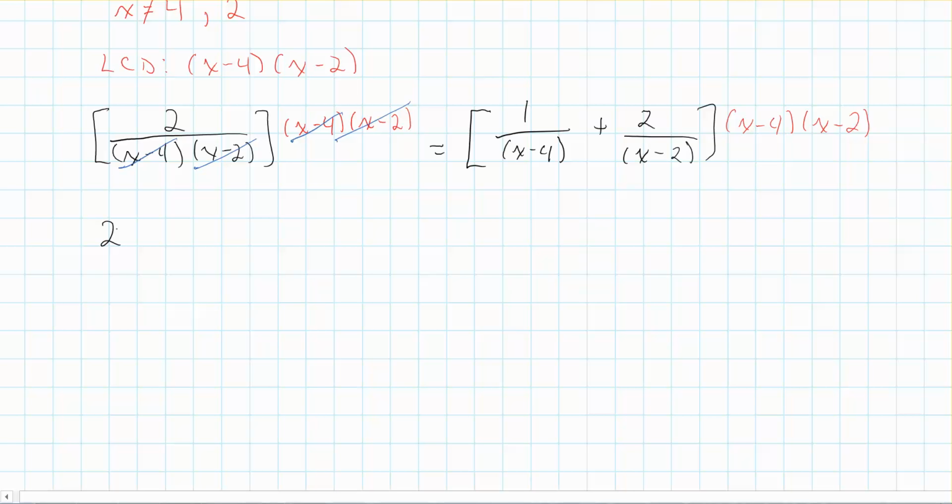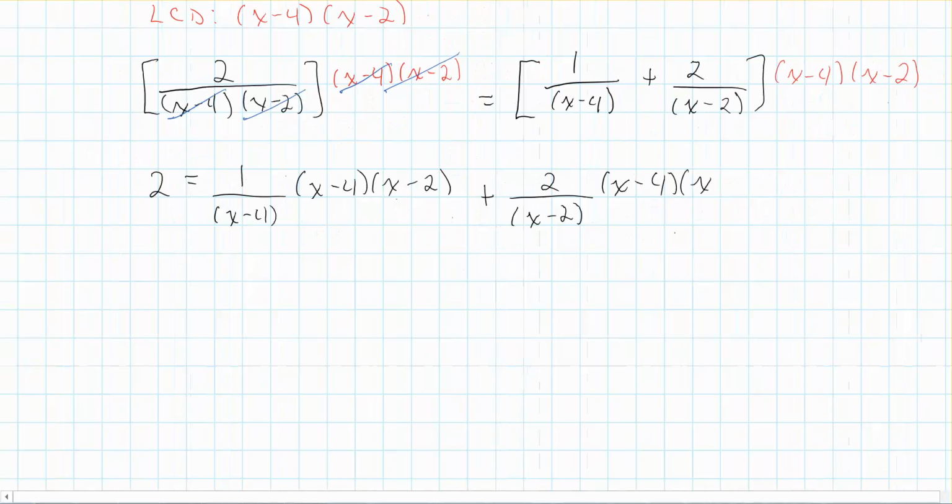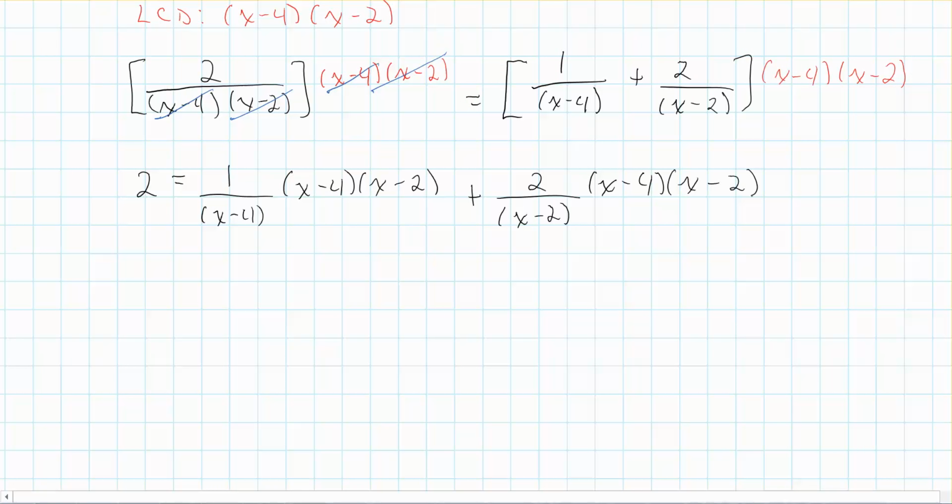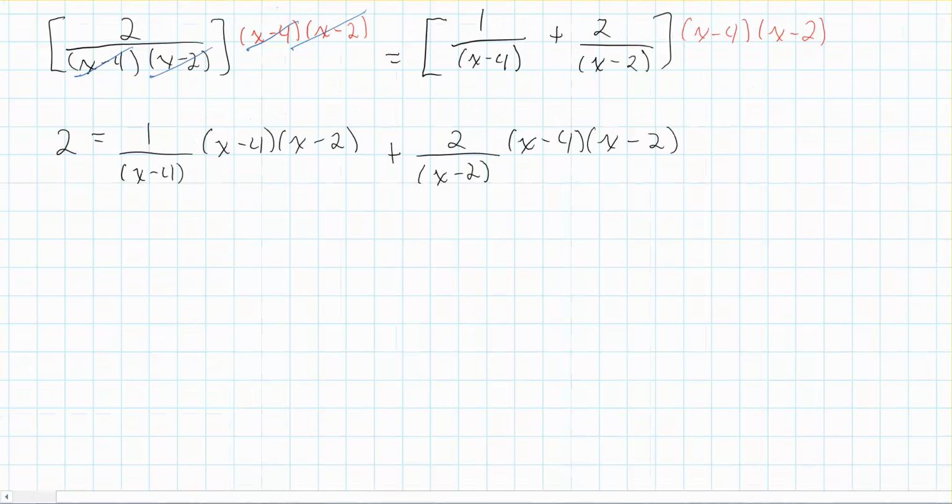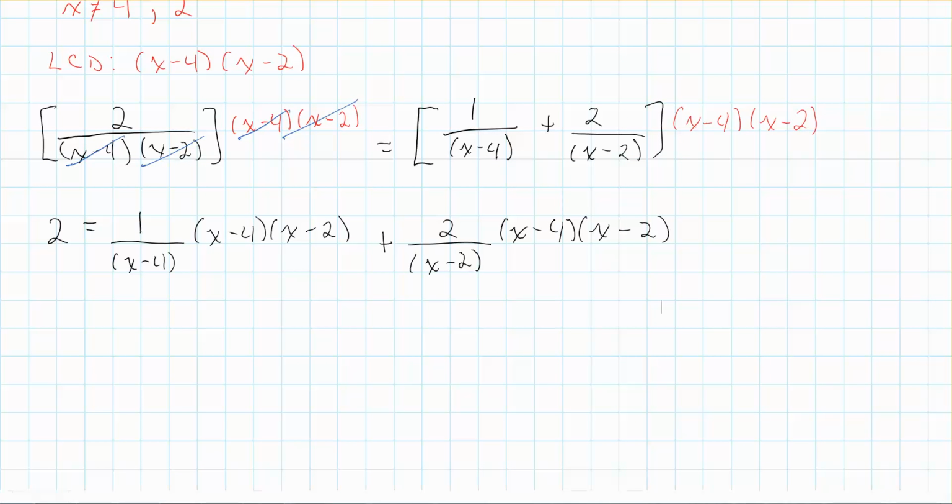Now, I will take the right-hand side in 2 steps, because if I distribute that, you'd have 1 over (x minus 4) times (x minus 4)(x minus 2) plus 2 over (x minus 2) times (x minus 4)(x minus 2). Sorry about that. My hand keeps hitting the screen and moving it around.